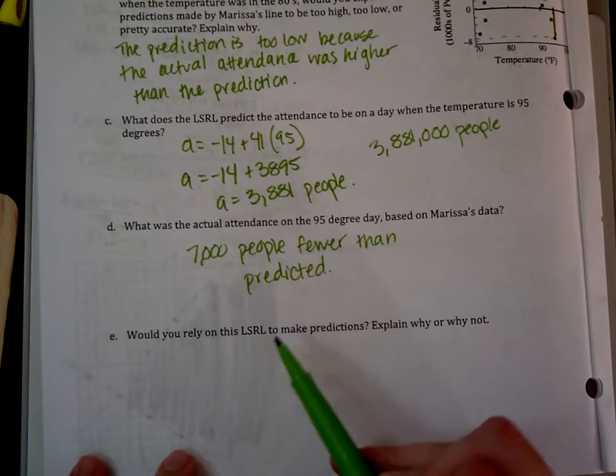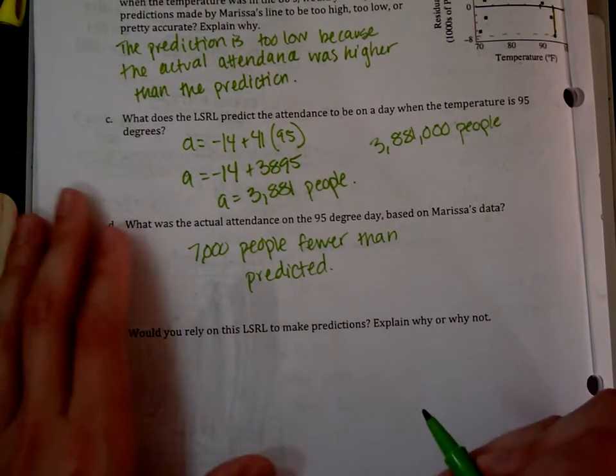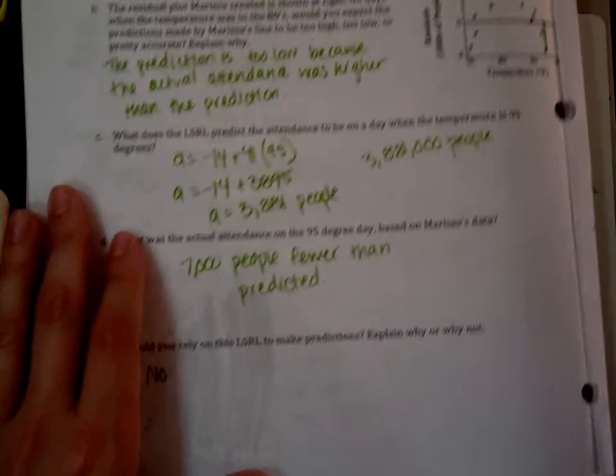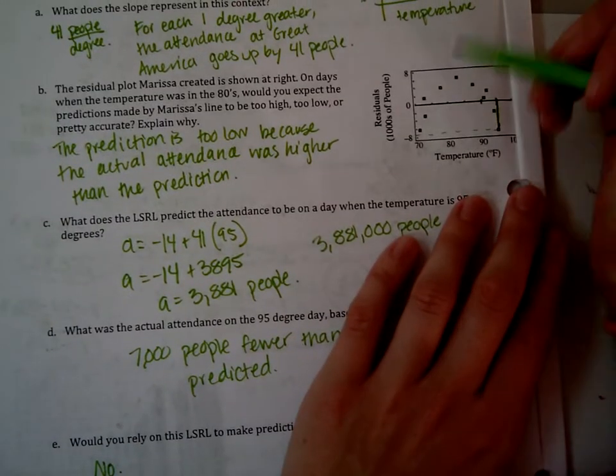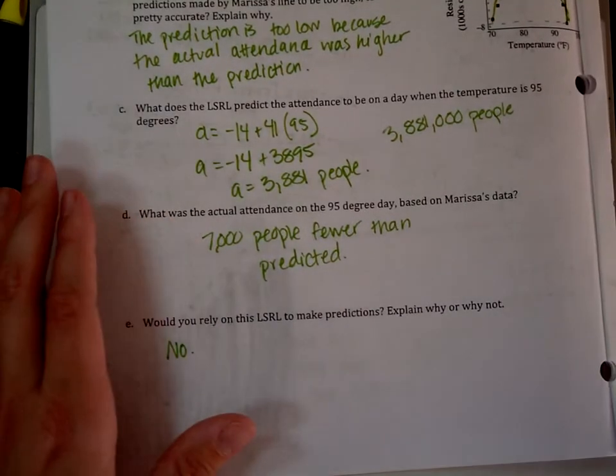Would you rely on this least squared regression line to make predictions? Explain why or why not. I would not, no. Because the residual plot creates a pattern. It creates this shape. So a linear model is probably not the best fit for this explanation.